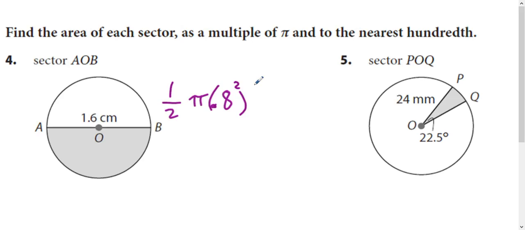So 0.8 squared is 0.64 times 3.14, and then divided by 2 for half. You get 1.0048, rounded to the nearest hundredth, it would just be 1.0. Centimeters squared because area is squared.